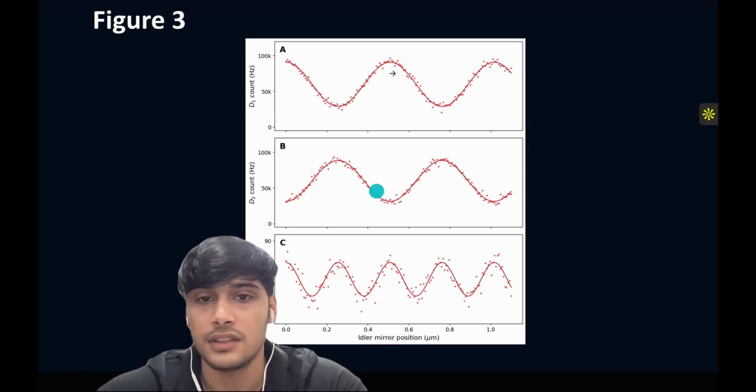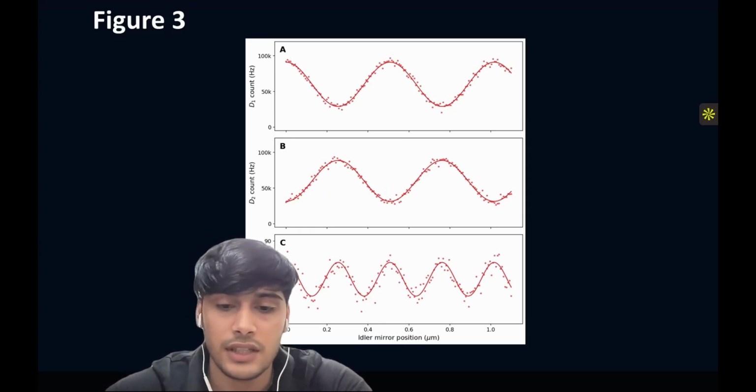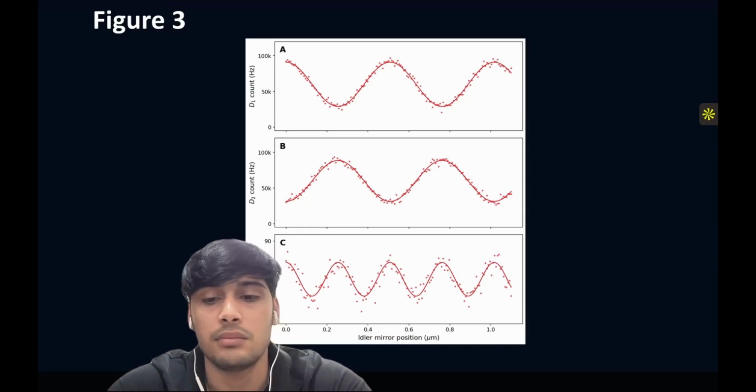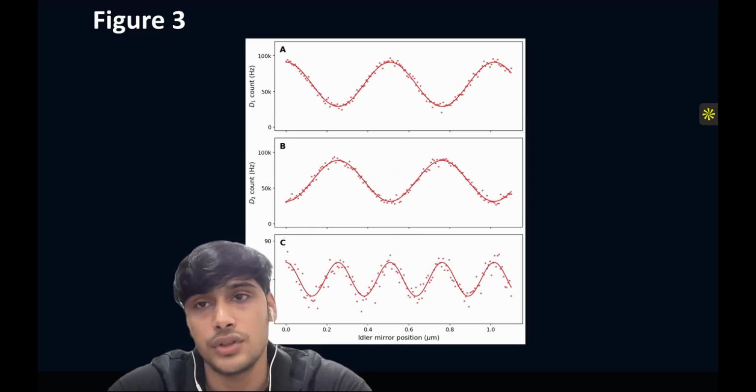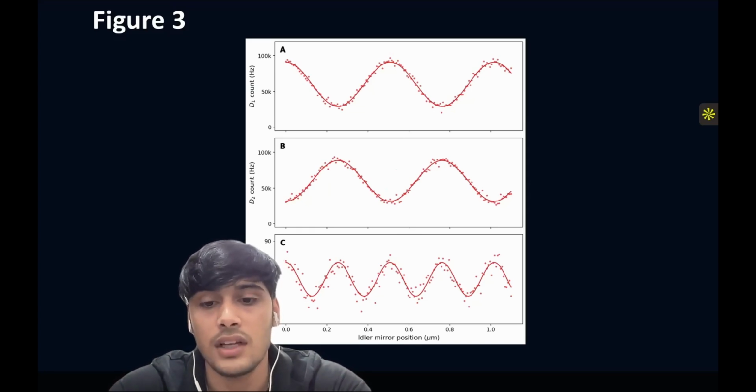You can see that when D1 is at maximum, D2 is at the minimum, and vice versa. This is energy conservation at the beam splitter. A photon that doesn't go to D1 goes to D2, and the visibility here is 47.8%, slightly lower than D1, which is consistent with small asymmetries in the optical alignment.